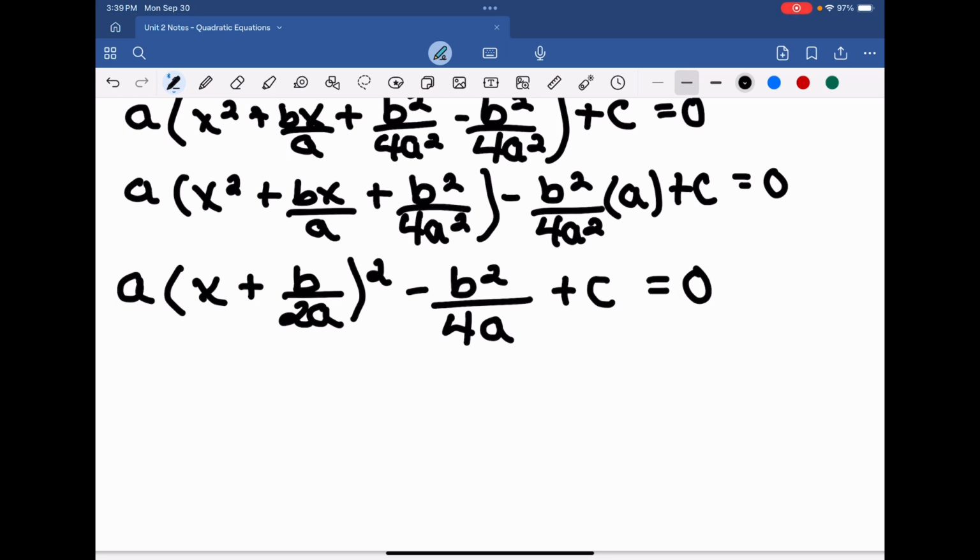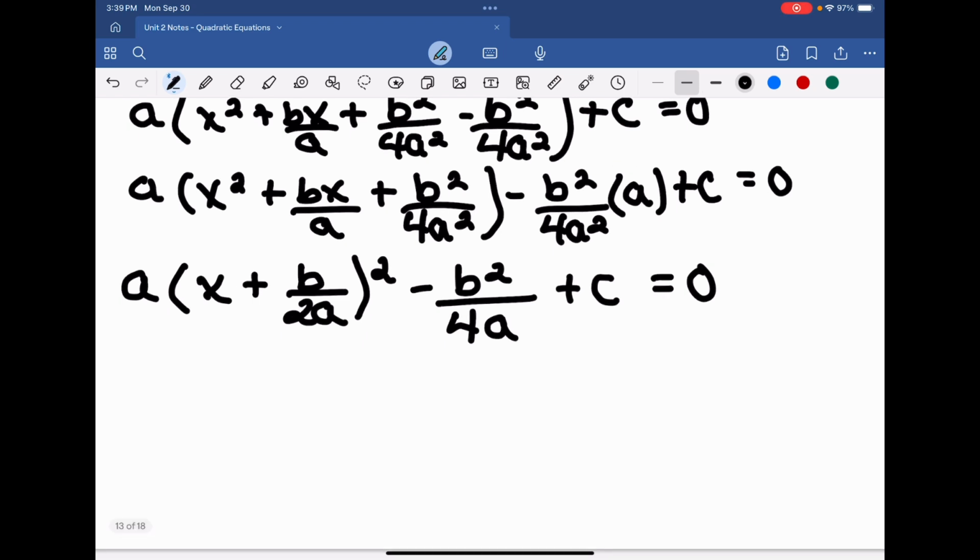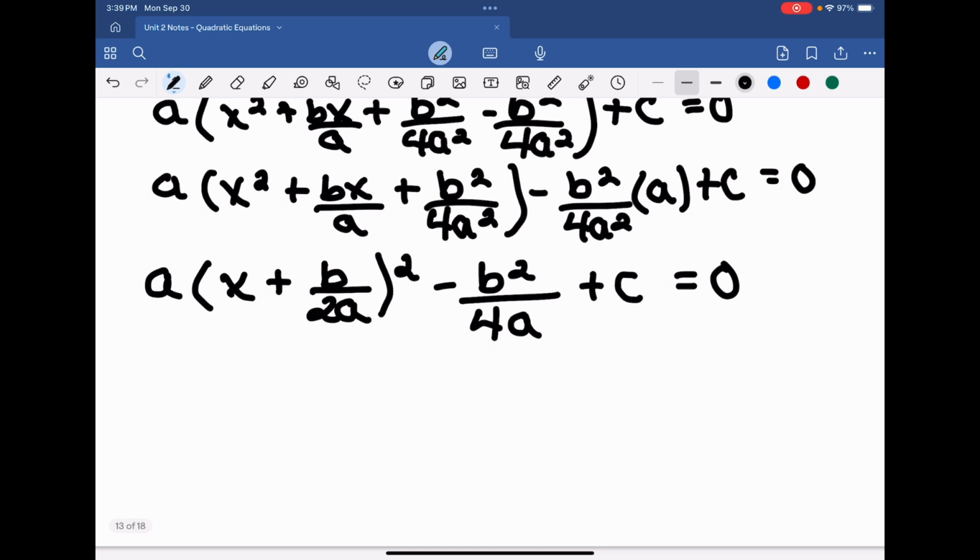All right, perfect. Now, from here, what we're going to do is create a common denominator with this term here. And by this term, I mean the one that is outside here. To create the common denominator, if there's a denominator of 4a, let's multiply this term by 4a divided by 4a. And what that's going to allow us to do is put them together. So I'll even write that as a note here.